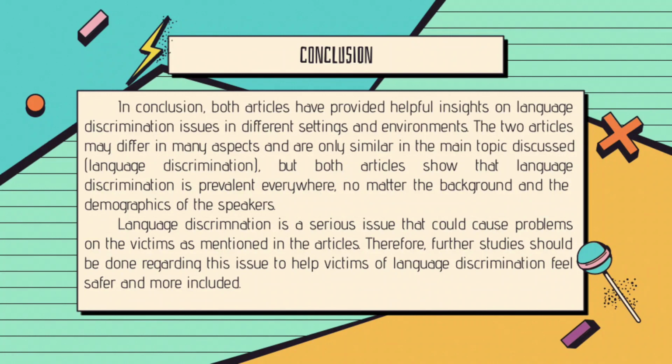Language discrimination is a serious issue that could cause problems on the victims, as mentioned in the articles. Therefore, future studies should be done regarding this issue to help victims of language discrimination feel safer and more included.